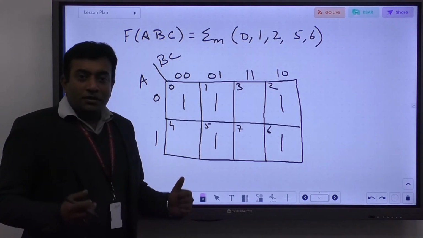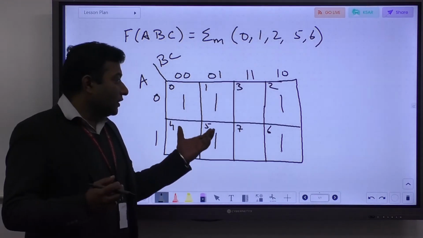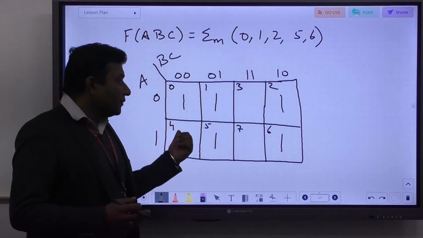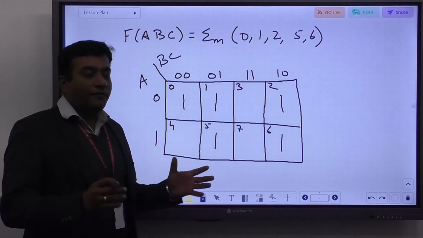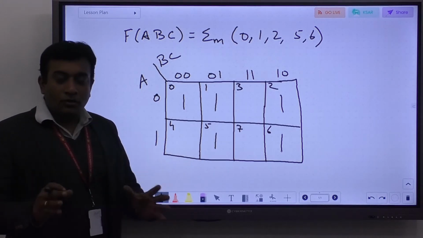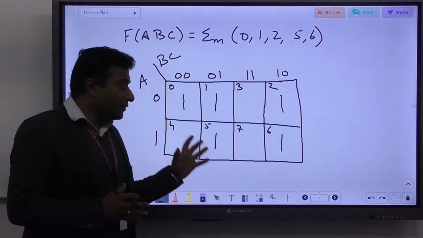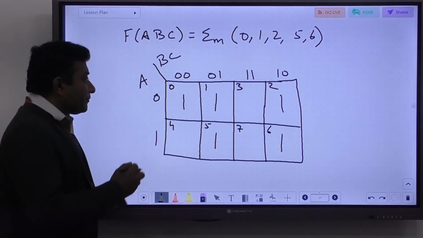The thumb rule is we have to create the groups as large as possible. When any minterm is left, we have to connect it to the group as large as possible. This will be more clear when we take up some examples.